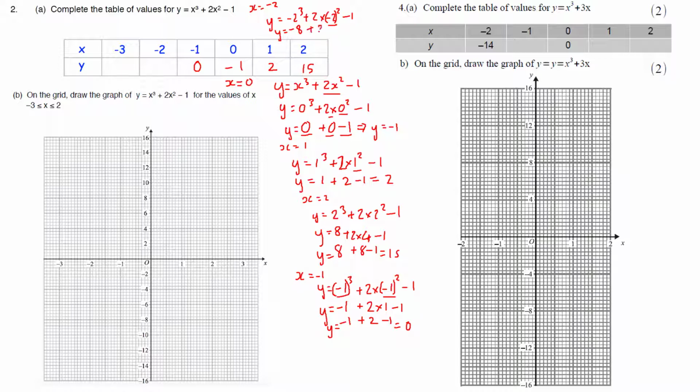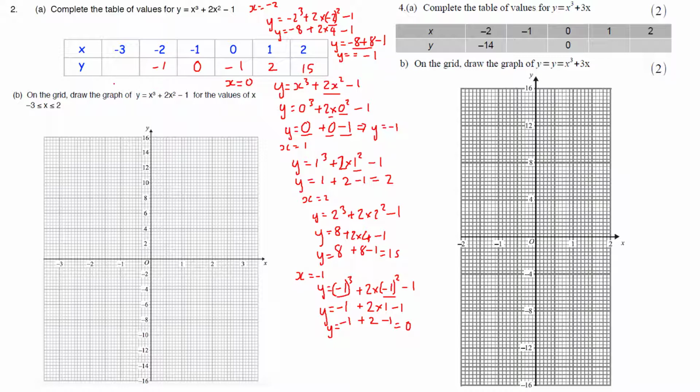So that's going to be plus 2 times 4 minus 1. Now what some people might do is 2 times minus 2, then square it to get 16. But that's not going to be correct. So you're going to get y equals minus 8 plus 8 minus 1. Now you've got to get good with your negative numbers. Minus 8 plus 8 is going to be 0. Minus 1, that's going to be minus 1.